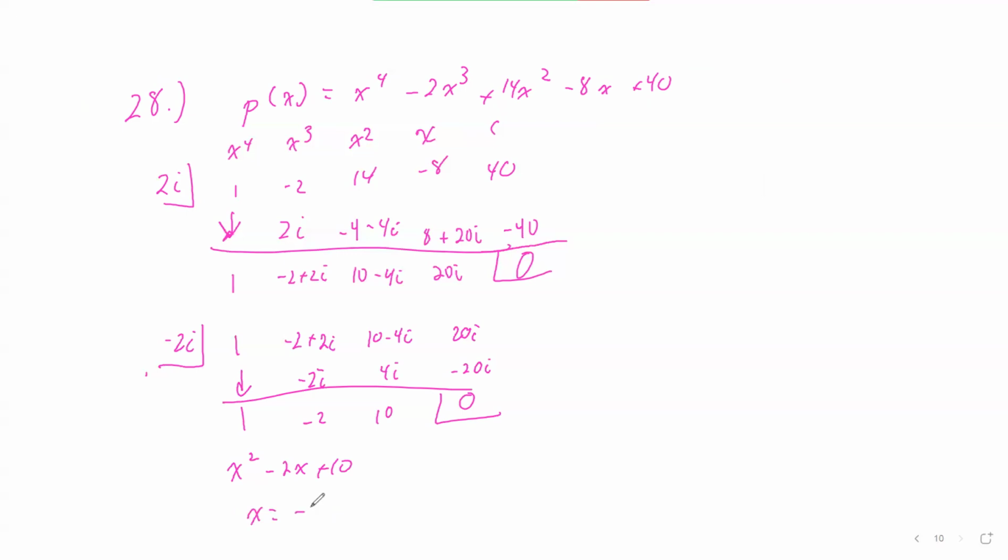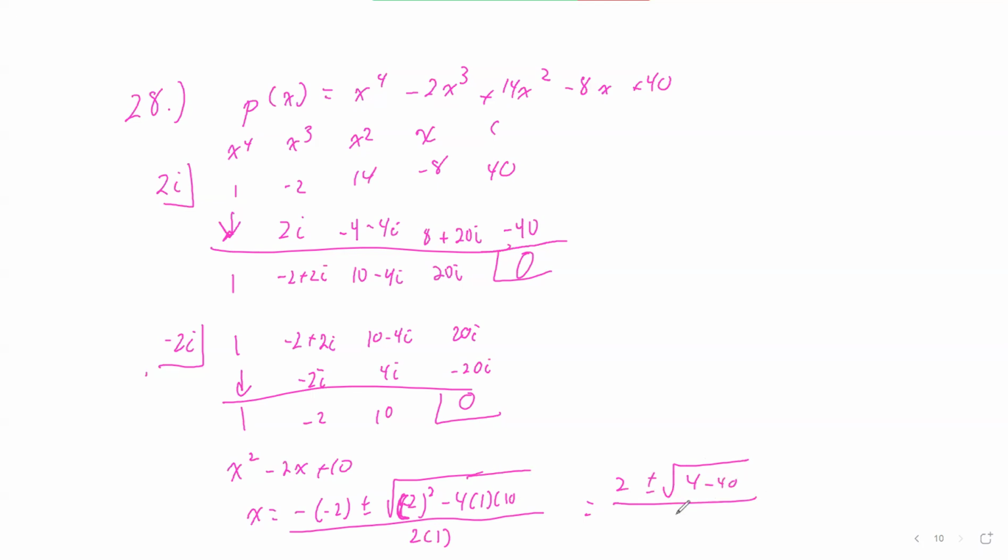So x equals negative negative 2 plus or minus the square root of negative 2 squared minus 4 times 1 times 10, divided by 2 times 1. That gives you 2 plus or minus the square root of 4 minus 40, over 2.